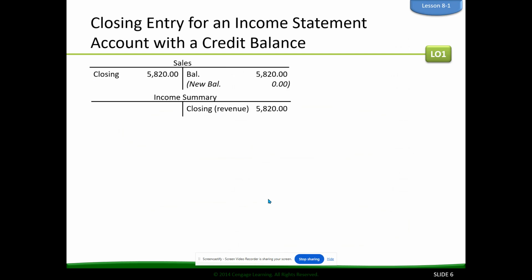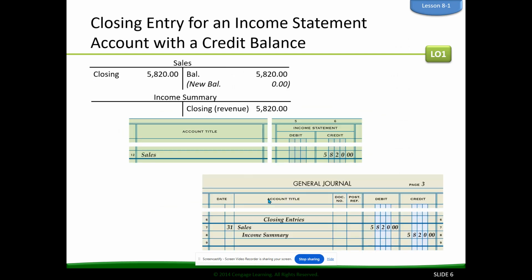So here is our first example of our first of 4 closing entries. There's only 4. So our first closing entry, notice I'm in the general journal. If you look at the green where it says account and then an income statement, where is that from? Hopefully you recognize it as the worksheet. Okay, that's where we're going to be getting our information.